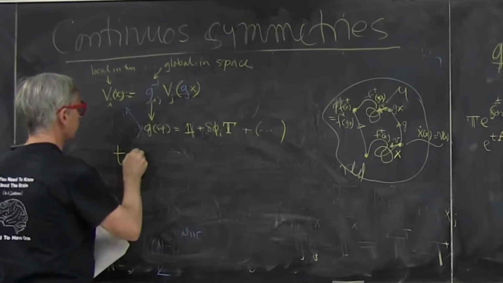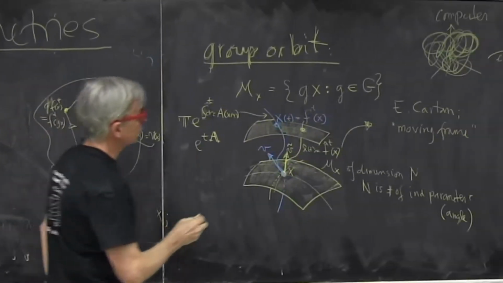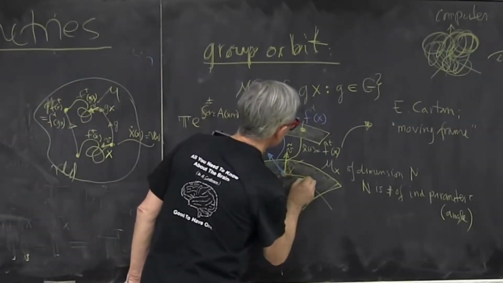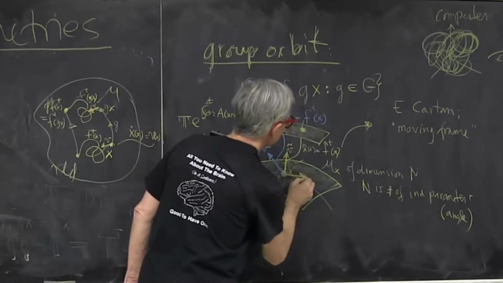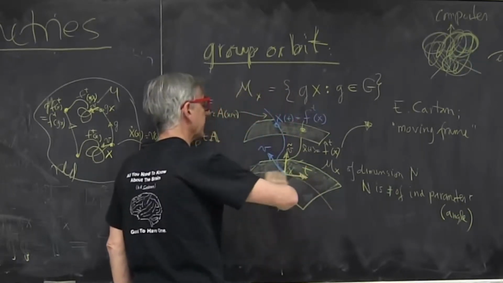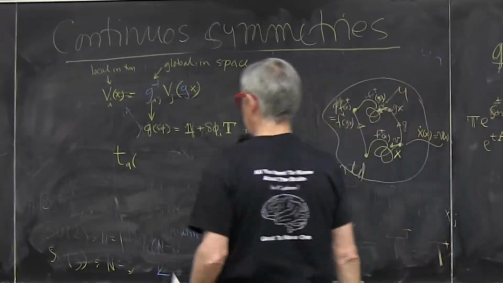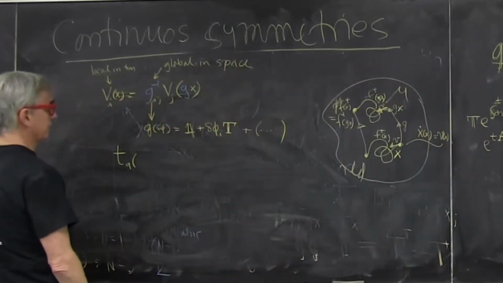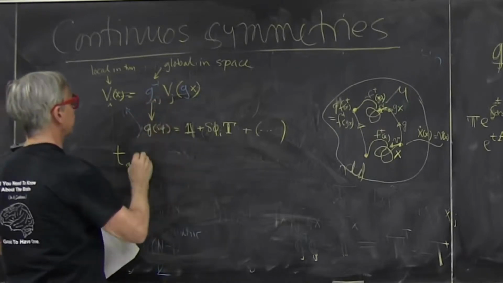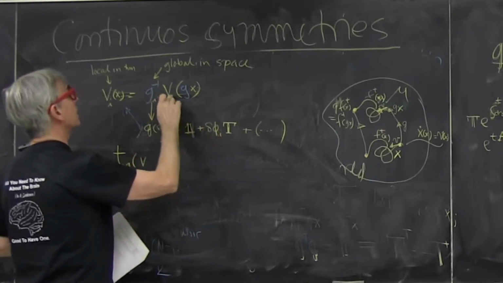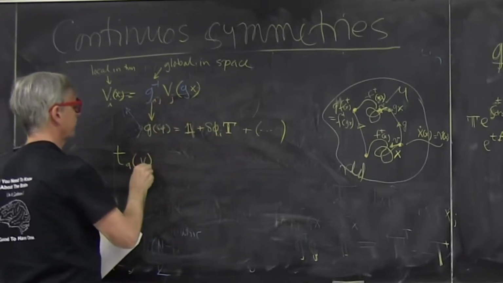It says that the tangent in the group direction, so here is a tangent to this surface. If I move this way, I stay in the group manifold in linear approximation. So the tangent in the group manifold of the velocity came from this term multiplied in V.